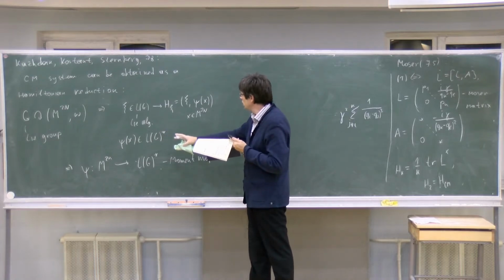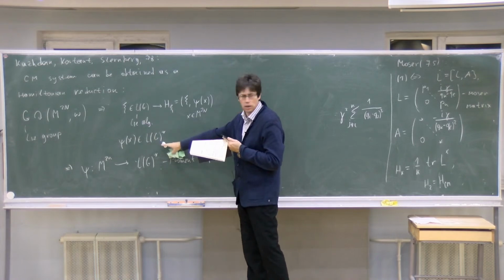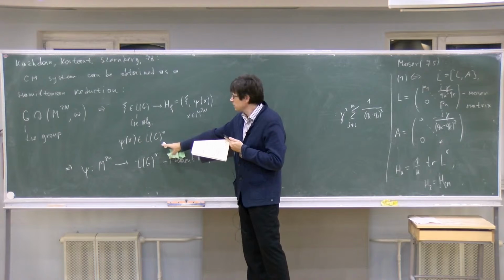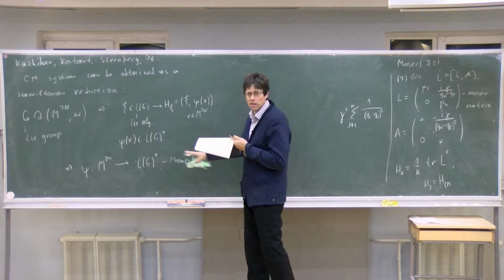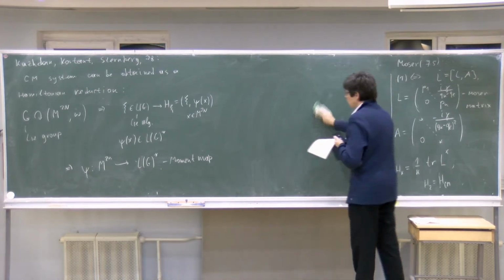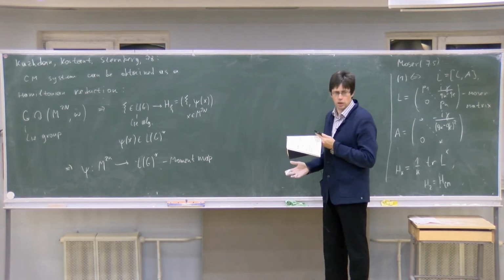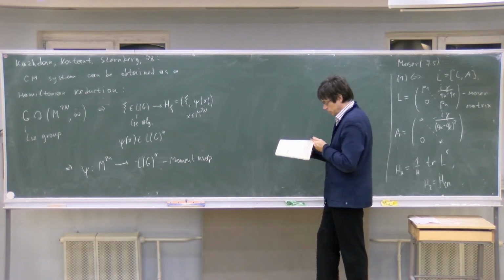G is the Lie group, but L of G is a Lie algebra. It's not functions on the Lie group. It's a Lie algebra. L of G is one of the standard notations for the Lie algebra of a Lie group.